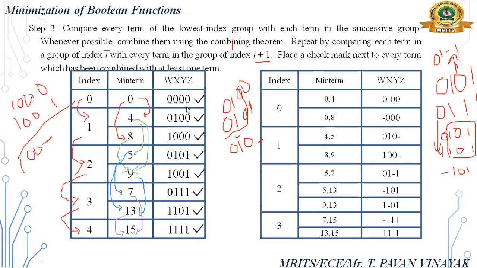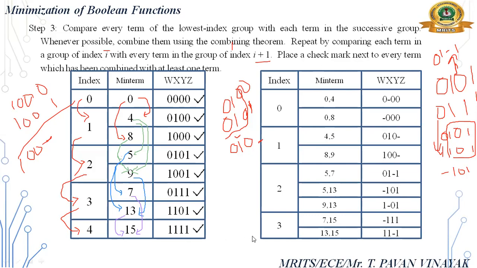So here all get tick marks. Now repeat the above step, meaning repeat this combination for this table now.